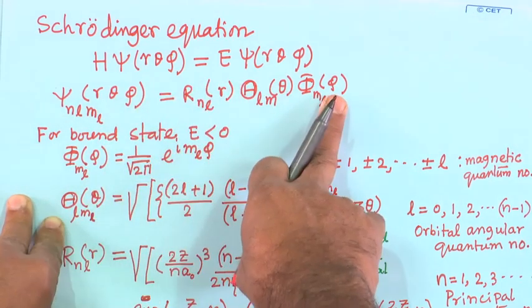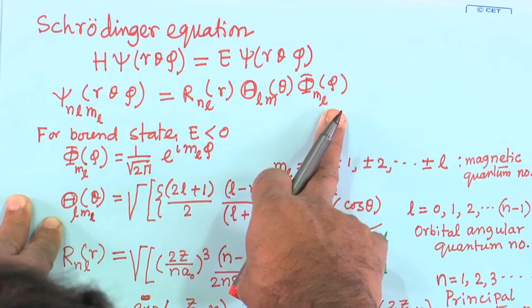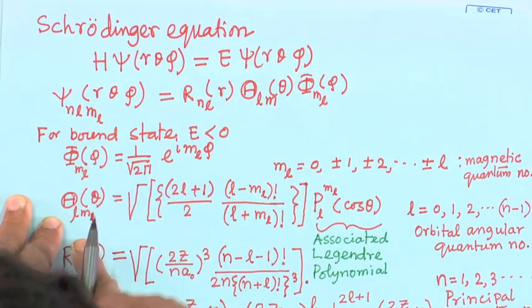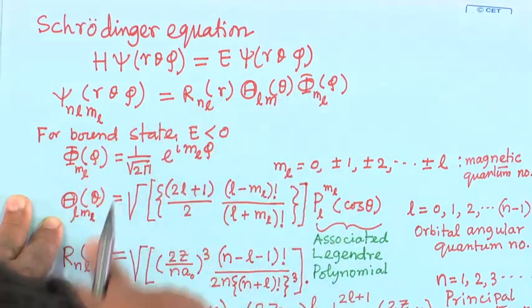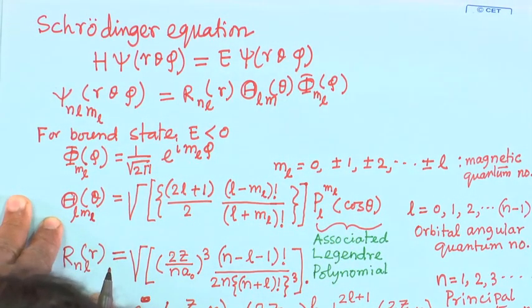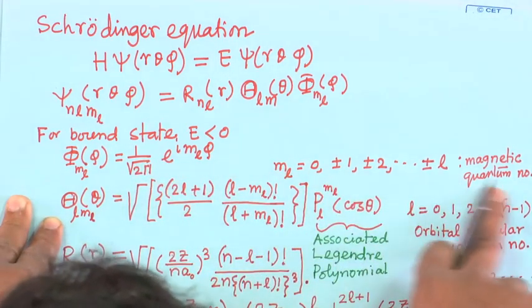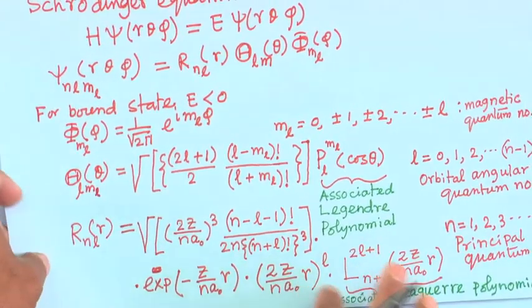It has 3 parts, functions of r, theta and phi, and the forms of these 3 wave functions are written here. So this solution is in our hand.